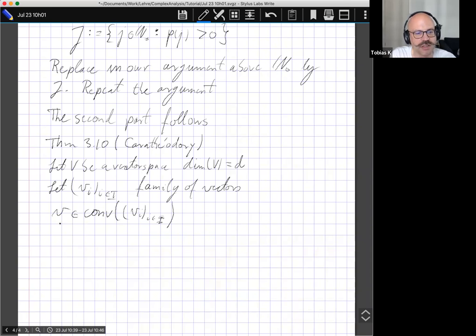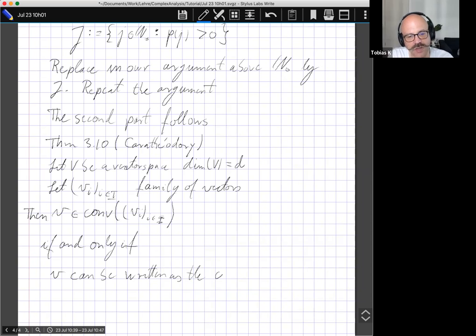So then I can show the following: v is an element in Co(V) if and only if v can be written as a convex combination of D plus 1 of the vectors v_i, i element of I.